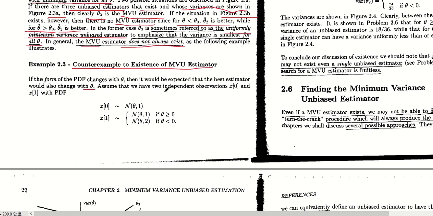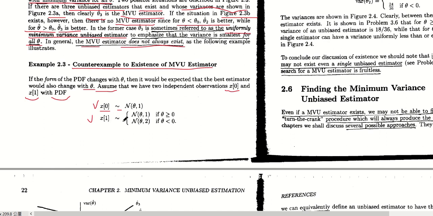Assume that we have two independent observations, x0 and x1, with PDF like this. Of course, we are assuming some kind of scenario and then trying to solve the problem. So x0 is distributed as Gaussian with mean theta and variance 1.